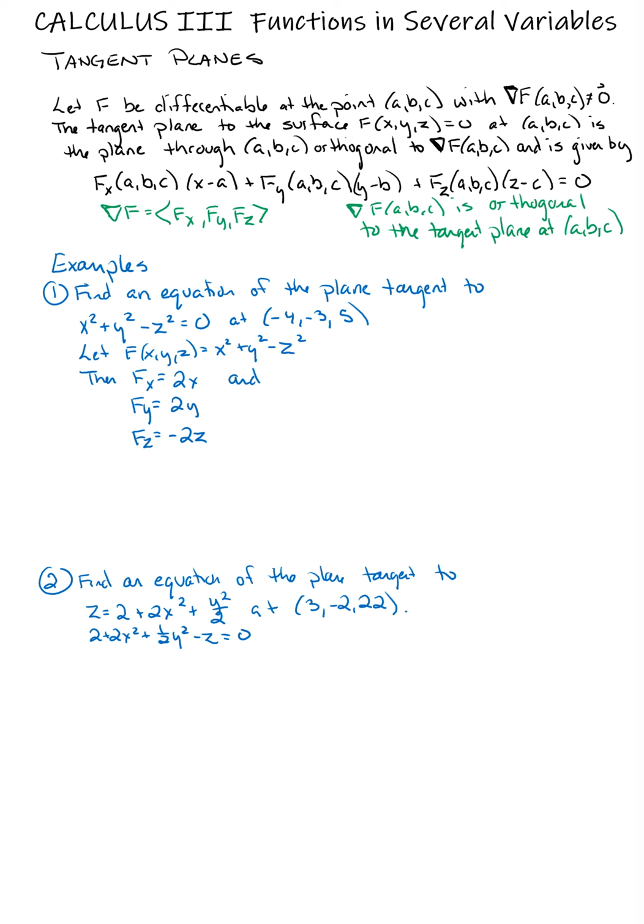And now what we need to do is to determine what these partials are evaluated at our point. So the partial with respect to x evaluated at this point gives us -8.